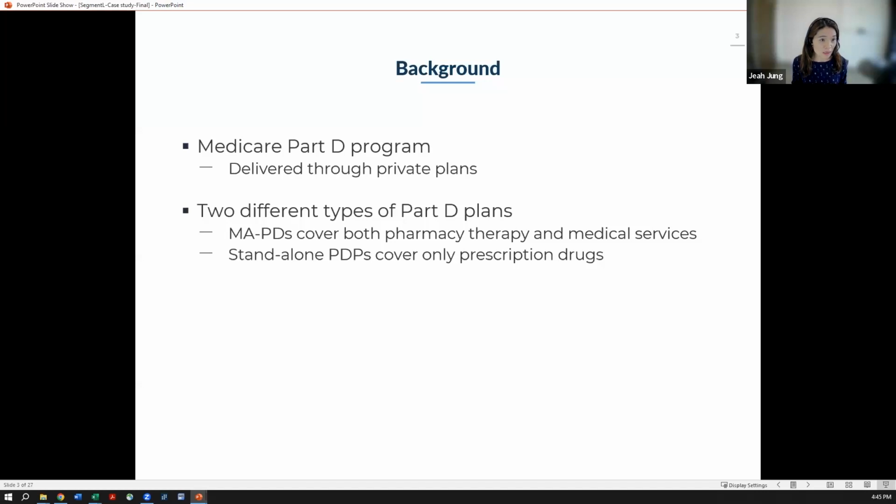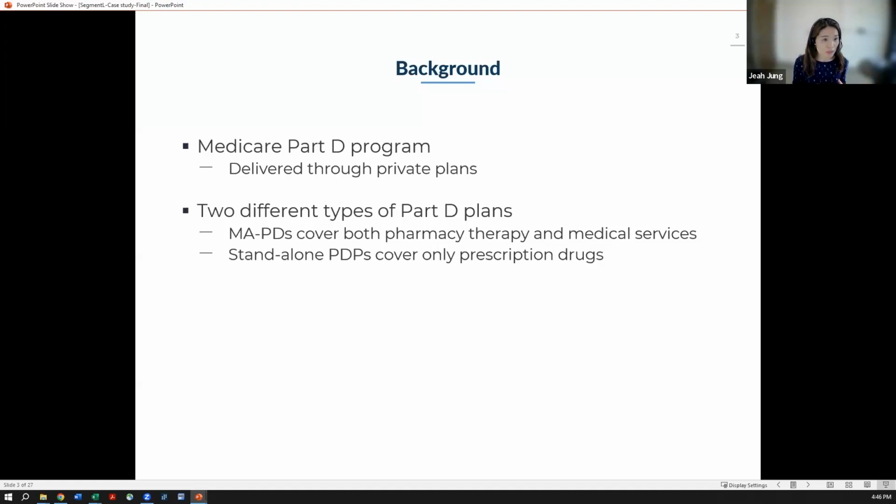That means that if you are in an MAPD, your plan covers all types of your services, including pharmacy therapy and medical services, Parts A and B. Standalone PDPs are private firms, really insurance companies, that cover only prescription drugs. The medical services, A and B, are covered directly by Medicare, by the government.